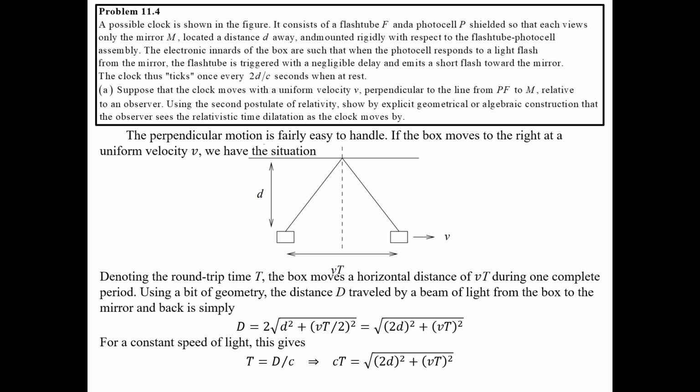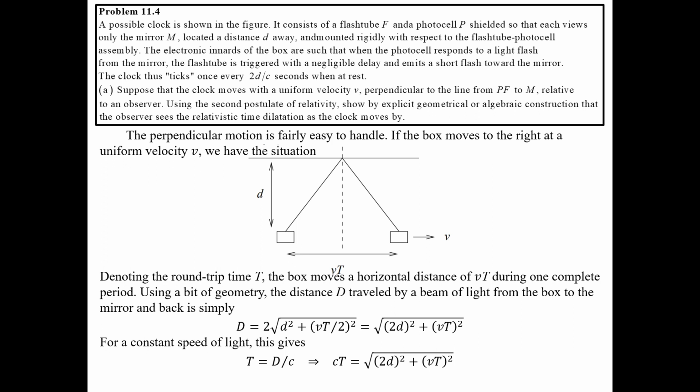The electronic innards of the box are such that when the photocell responds to a light flash from the mirror, the flash tube is triggered with negligible delay and emits a short flash toward the mirror. The clock thus ticks once every 2d over c seconds when at rest.